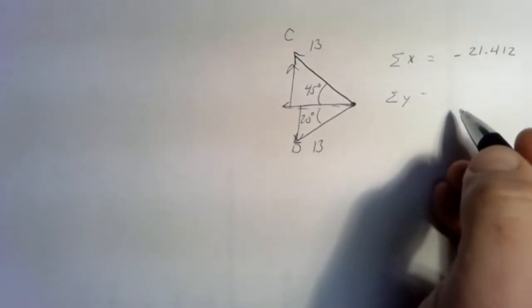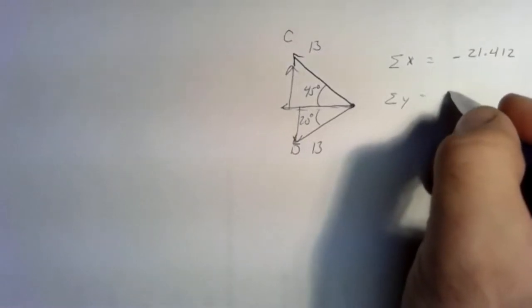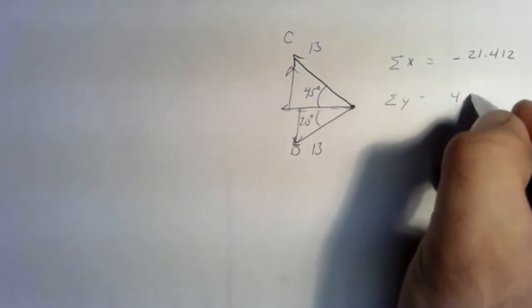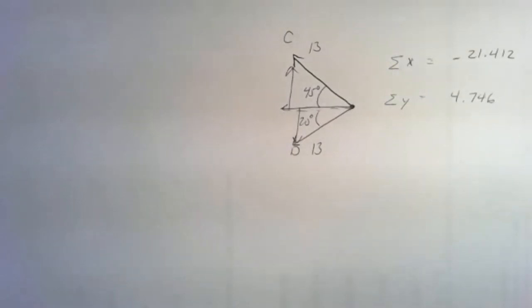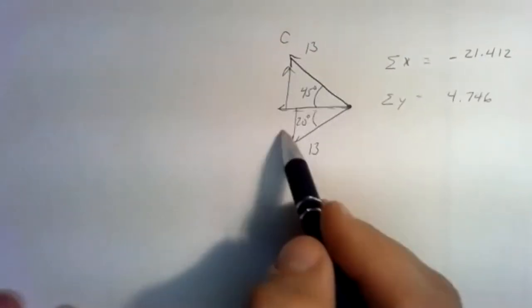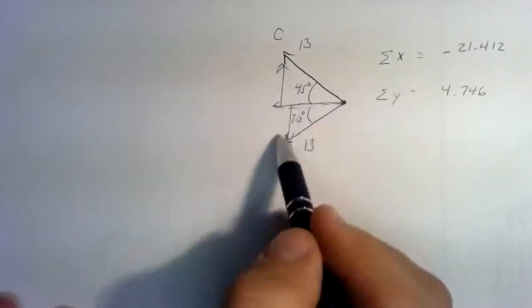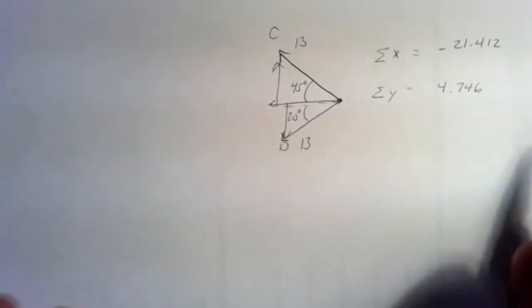And when you do your sum in the y direction, you'll get a positive 4.746. Does that match up with your component numbers? Yeah. Okay, good. So that eliminates all the sines and cosines and the adding and subtracting and all that.